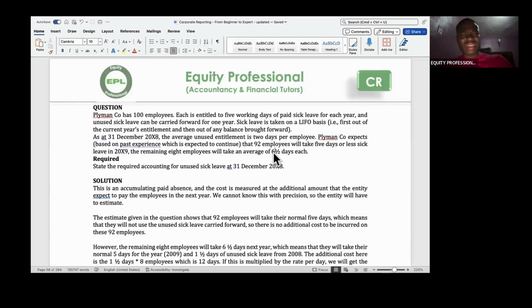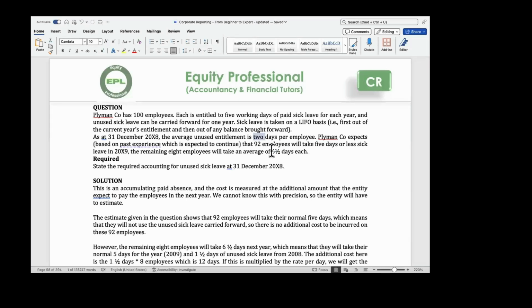So we're now estimating that next year 8 employees will take 6.5, which means they will take their normal 5 days and they will take an extra 1.5 days from the 2 days they did not take last year. So that's how I got that 1.5 days.